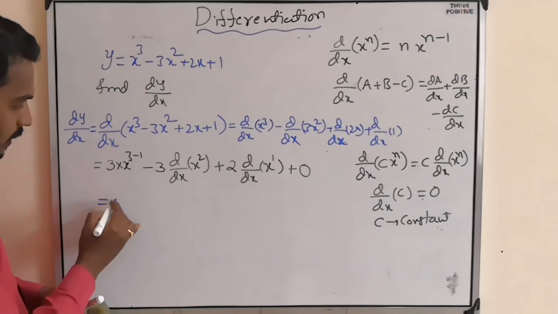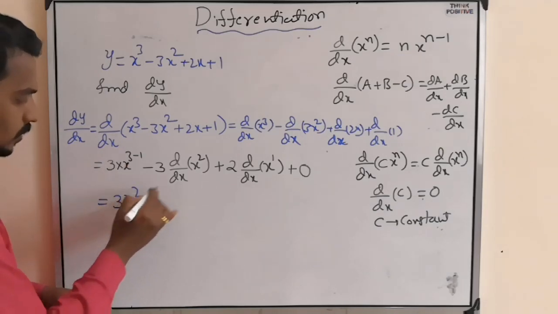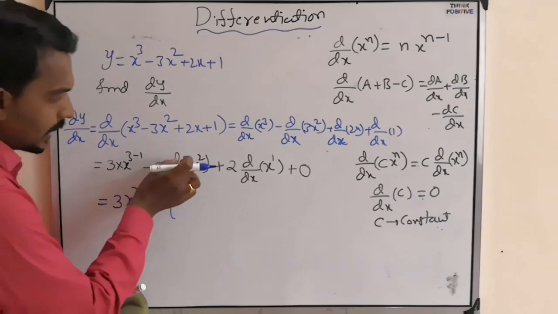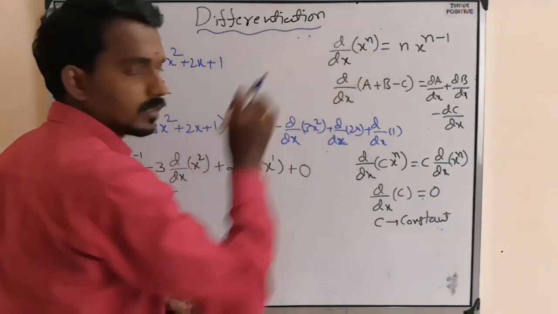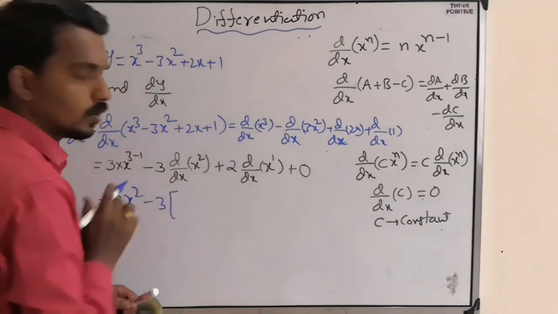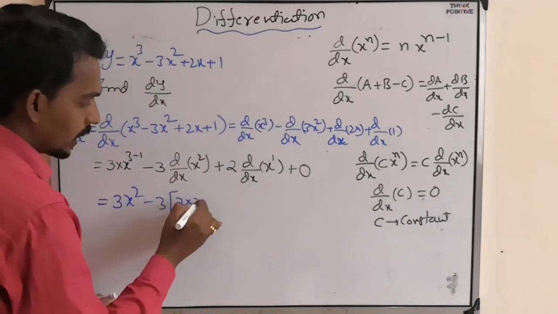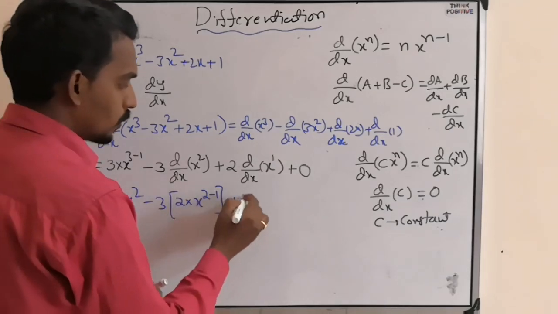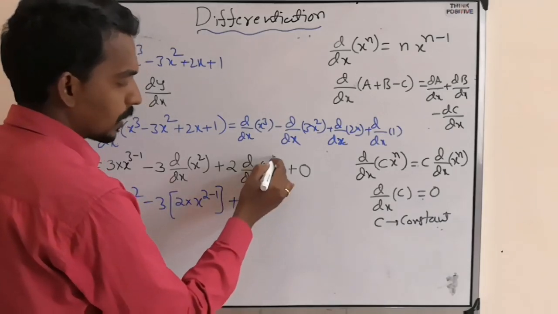Then 3x power 2 minus. Now you apply d by dx of x square like this, where n value is 2. So 2 into x power 2 minus 1, plus 2 into here x power 1.